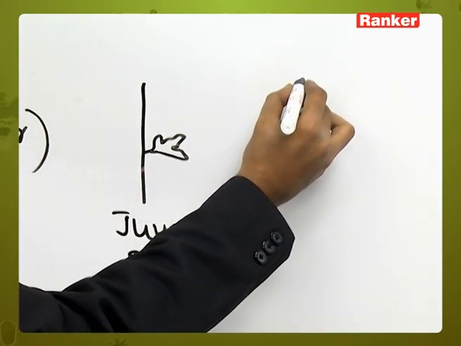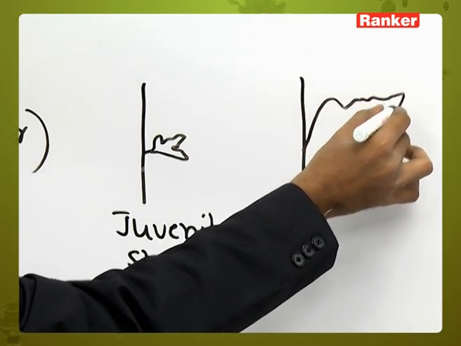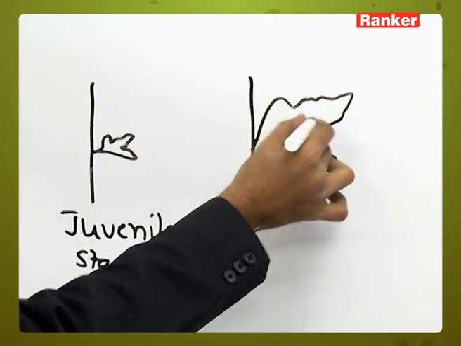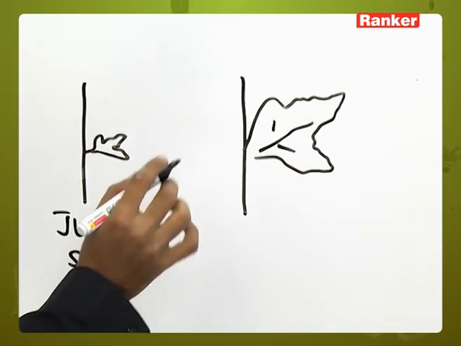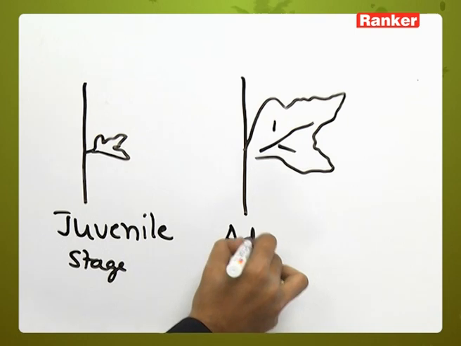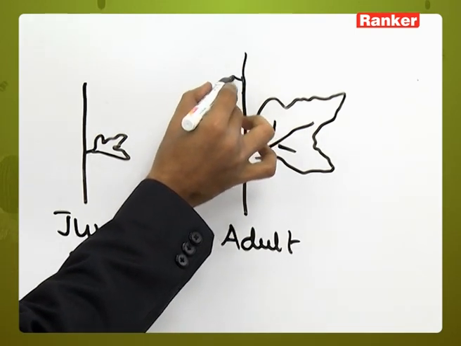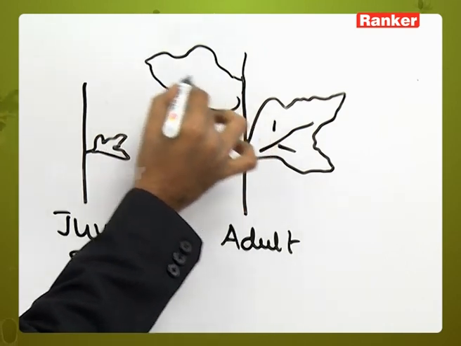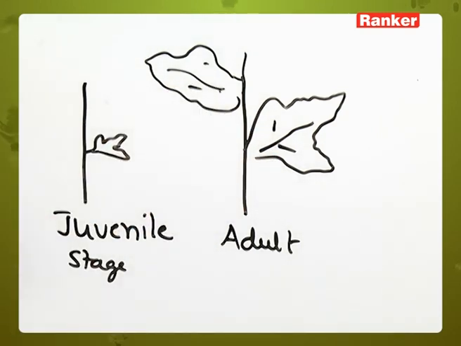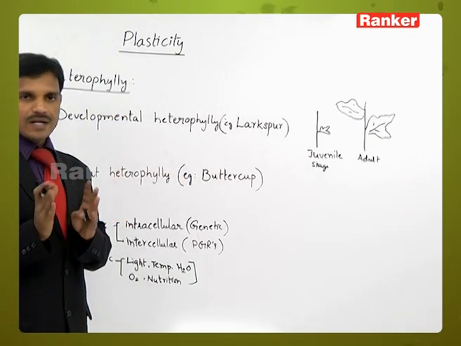And in the adult stage, it produces a different type of structure. The structure may be different in the adult stage and juvenile stage. So different types of leaves are produced by the same plant at different developmental stages.